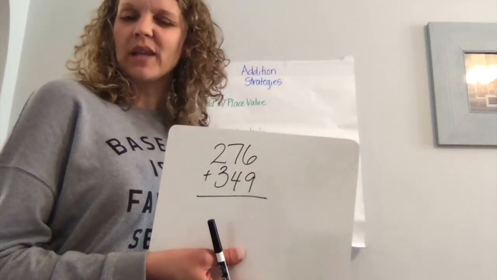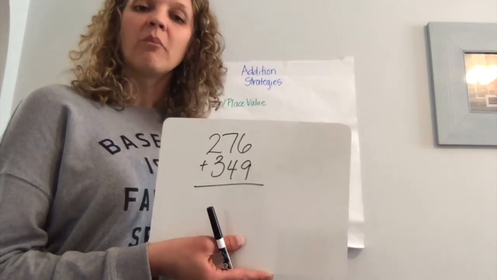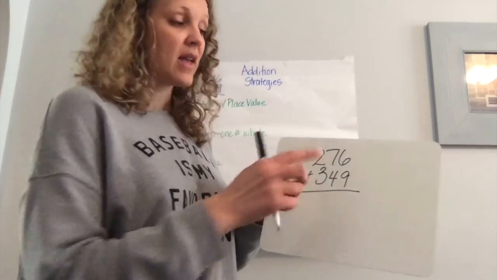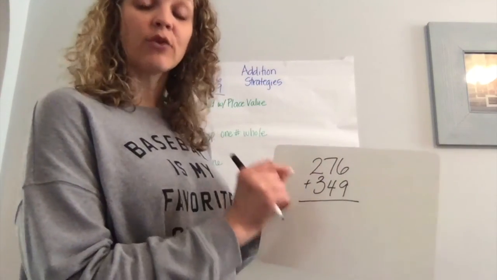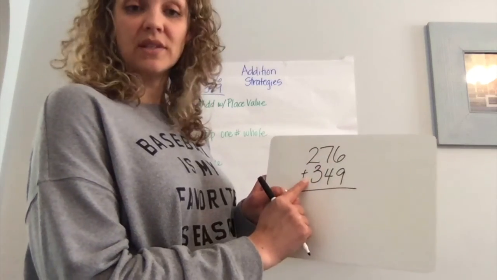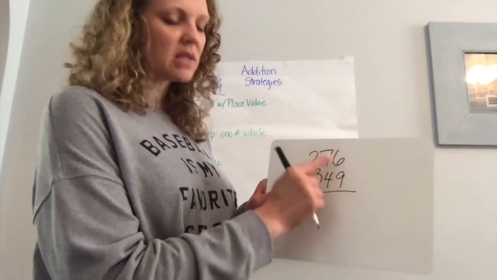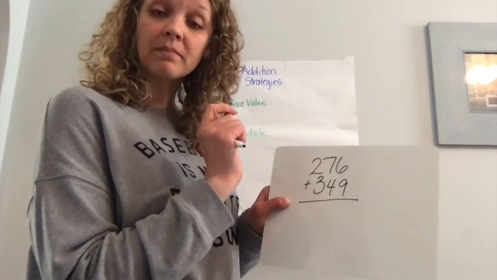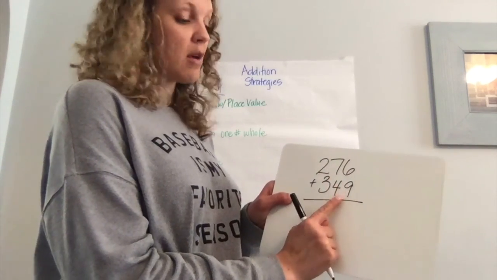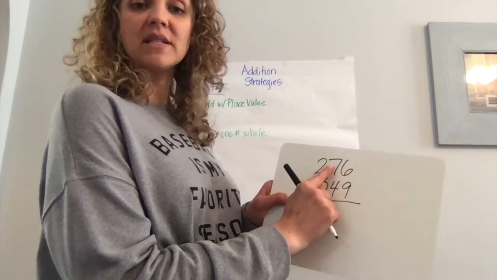So right now we don't really have very friendly numbers, but students might be able to tell, again, because they know about quarters, they might be able to think about this number and see the 76 and the 49 and think, I could take 24 from here and give it to here.